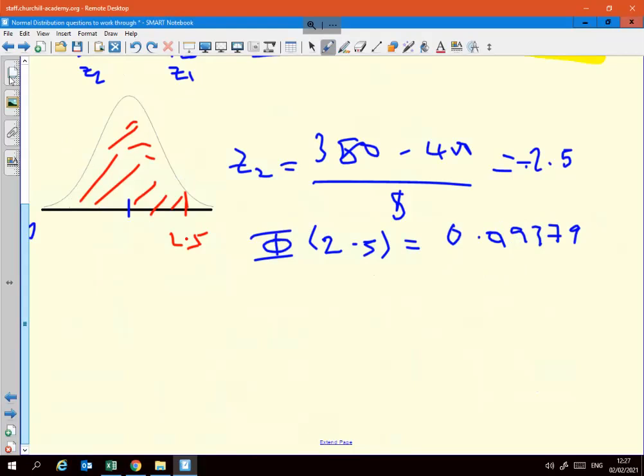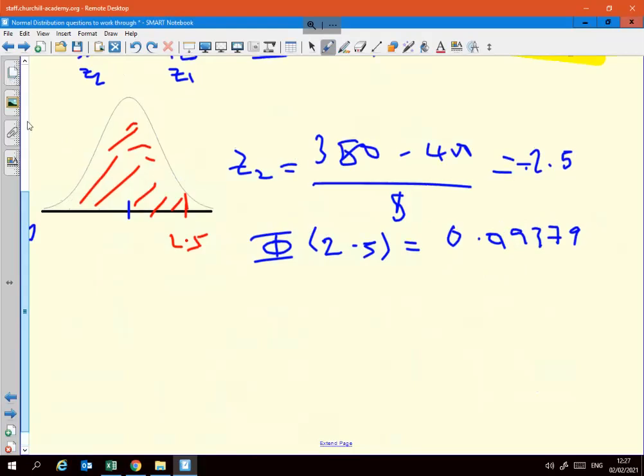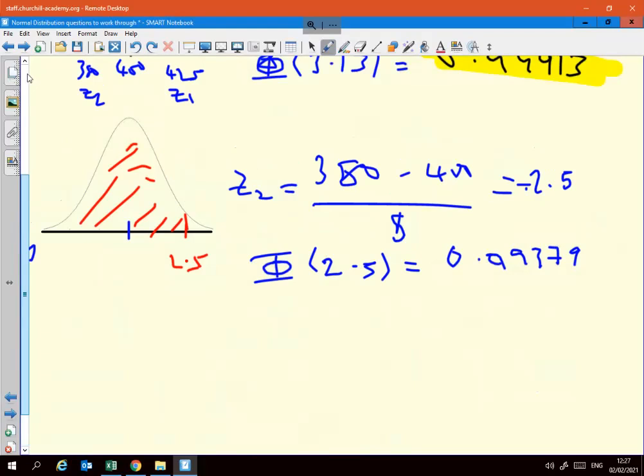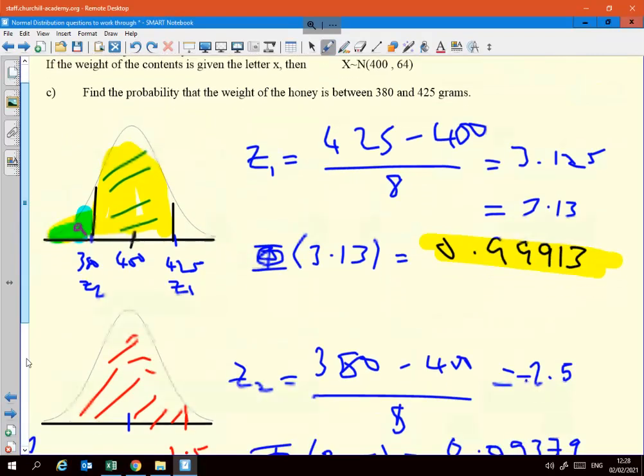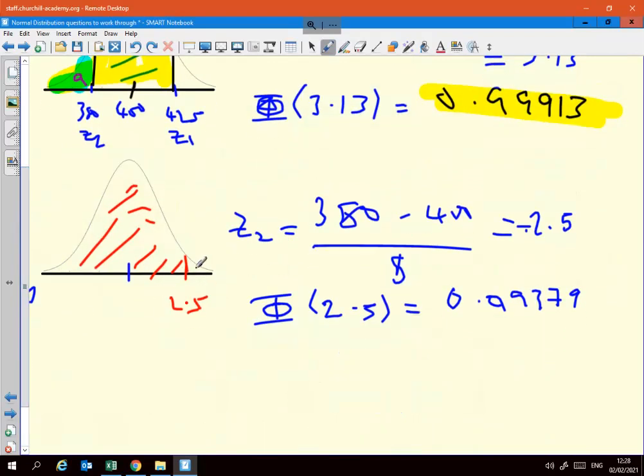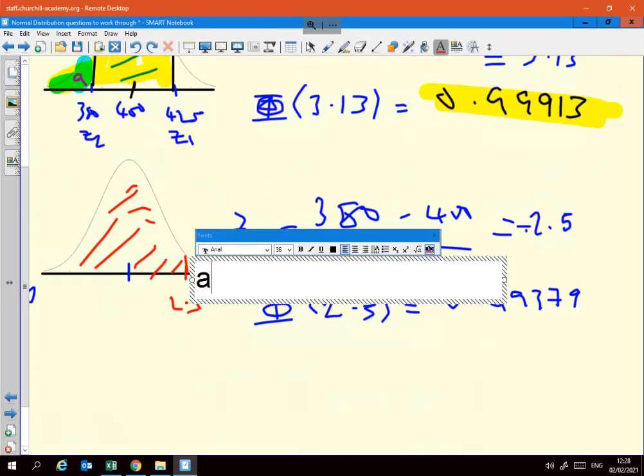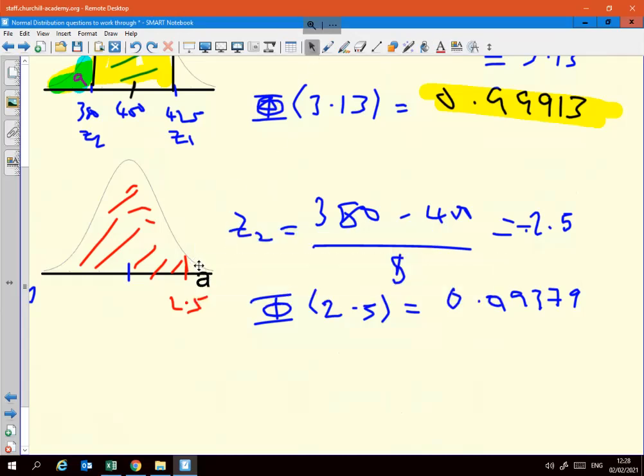I want this little bit that I labelled A here, and that is the same size as this little bit over here, which perhaps I can call that A as well. So this bit in here is called A, and that is 1 minus this red section.